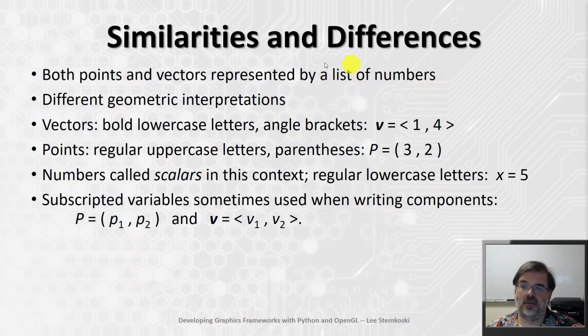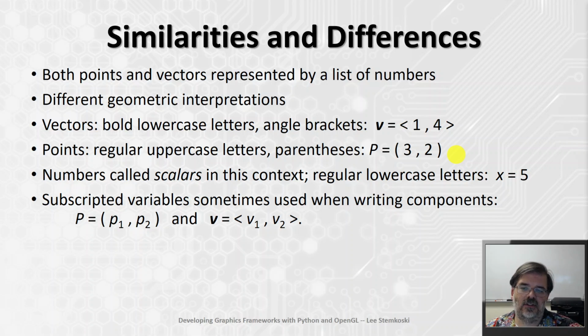So again, even though they are represented with the same data structure, a list of numbers, they do have very different geometric interpretations. To make it easier to visually communicate with these, vectors are often represented with bold lowercase letters and enclosed with angle brackets. So for example, the vector ⟨1, 4⟩. Points will be represented with regular uppercase letters, so that is non-bold letters, and they'll be enclosed with parentheses. So for example, the point (3, 2).